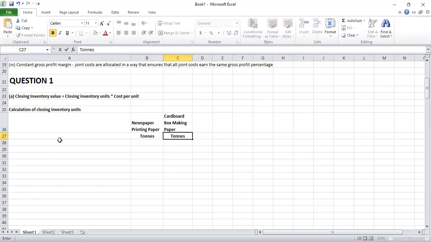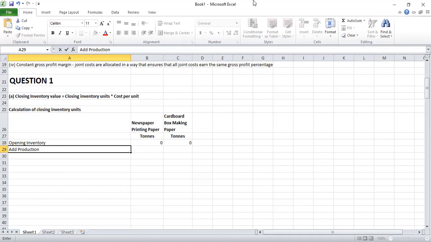Right, our formula for calculating closing inventory units is opening inventory, which we're told was nothing, plus production or purchases if you are purchasing, less sales.